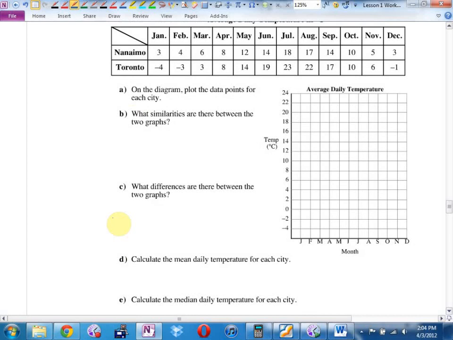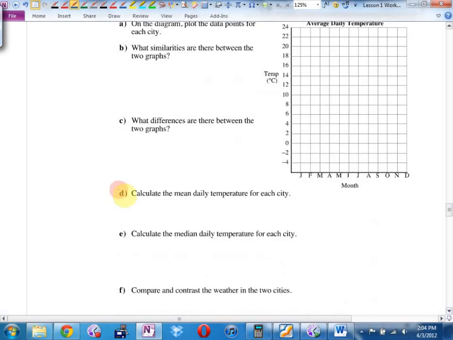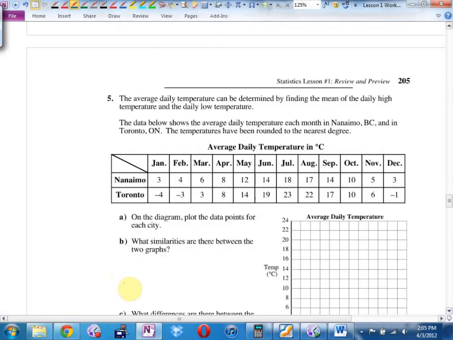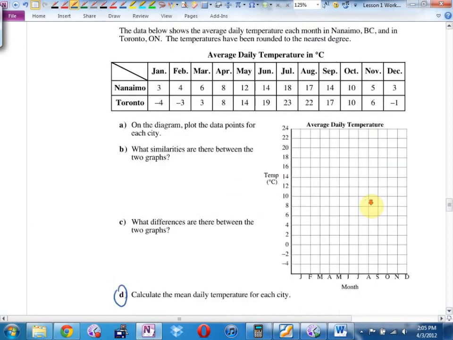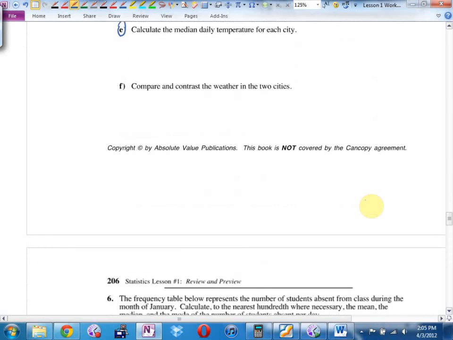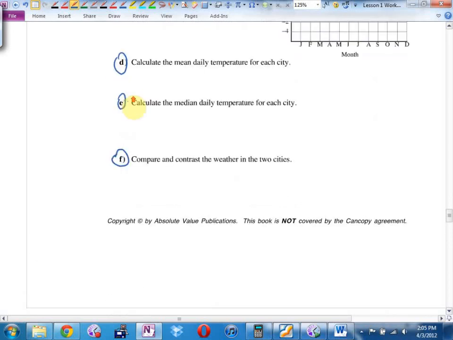I'm not going to bother having you graph these for number 5, but I think you can find the mean, the median. This is where I'm going to suggest it's worth typing that into list 1, typing that into list 2, and seeing if you can move stuff around. Oh, and F. So D, E, F for number 5.